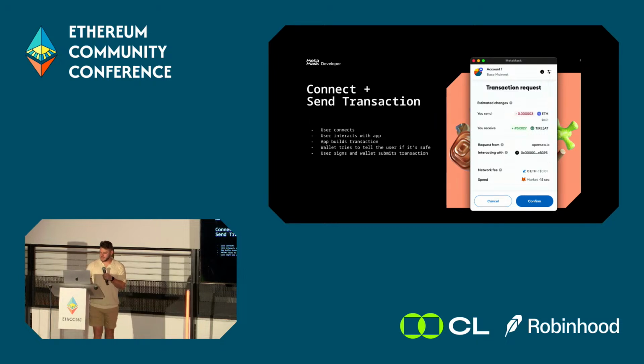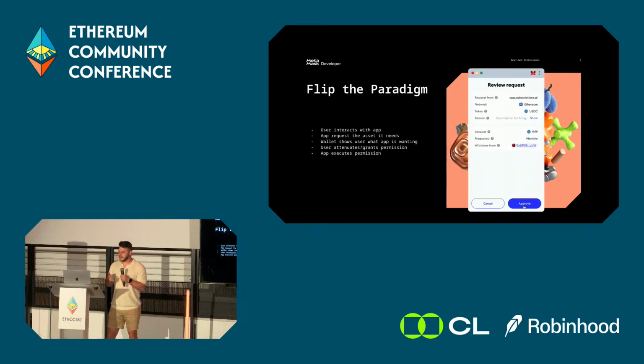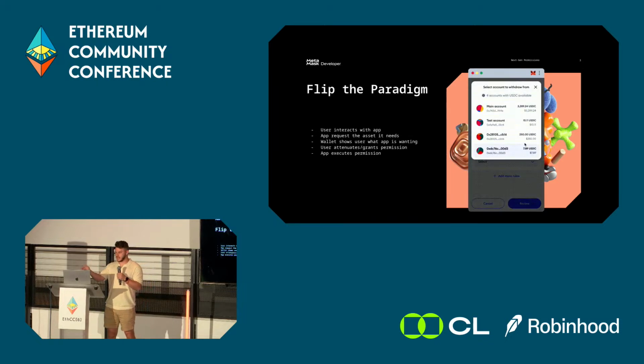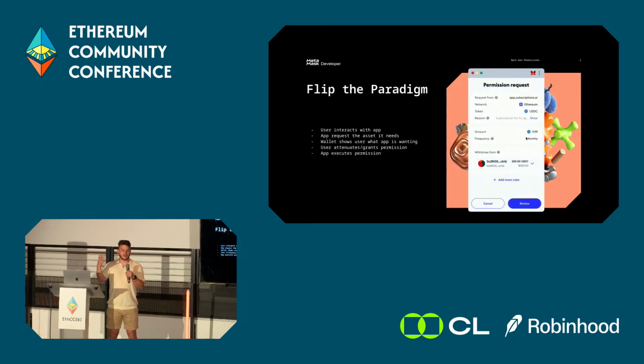So what we want to do is completely flip that paradigm upside down. And what that looks like is the user goes to the dApp, they click the button that says buy, the dApp then says, well, let me request what I need for this purchase. Let's say it's 10 USDC. And then that shows up in the wallet when they send that request. The user can see it, very readable. This dApp is requesting to use 10 USDC.